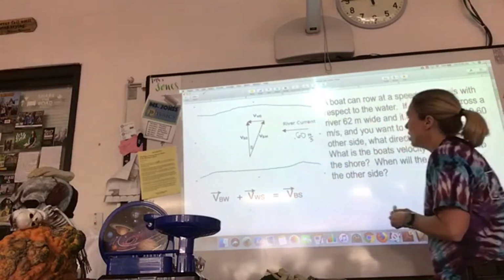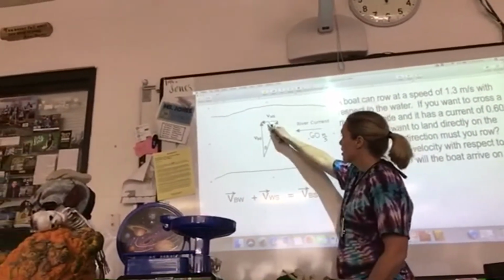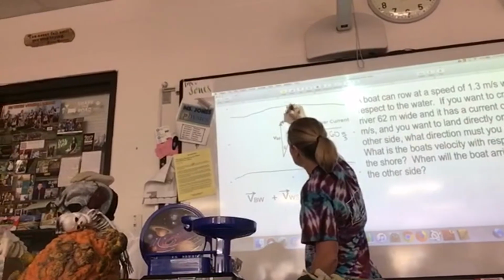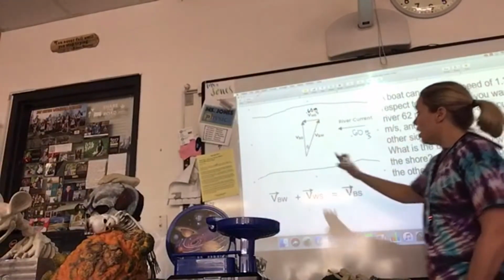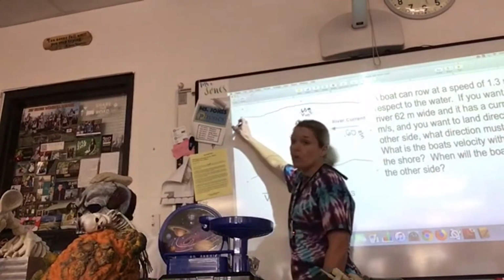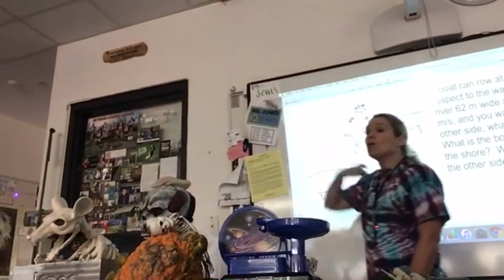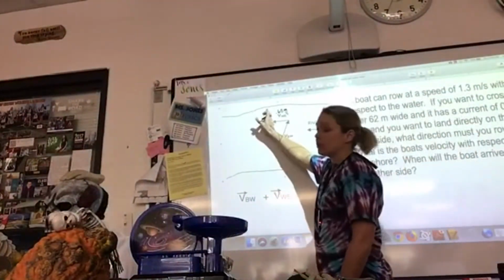All right, and in fact, right, we can see that here, that's 0.60 meters per second if I do some vectors. If I headed straight across, everyone knows, right, the boat would have dragged me downstream. Well, we don't want to do that, or whoever this problem and this person wants to just go straight across.